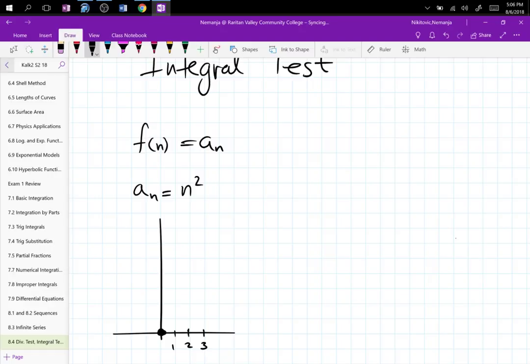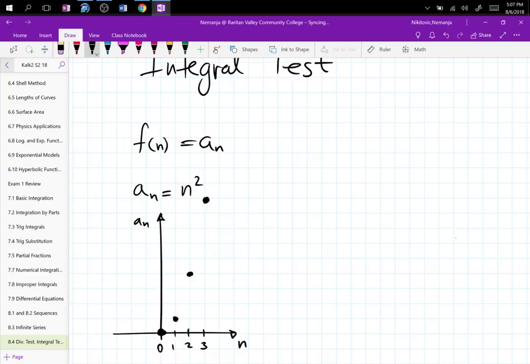I get to draw 0, 0 dot, 1, 1 dot, 2, 4 dot, and this dot. So you see the 4 dots, right? And this would be your axis n, this would be your a_n, as the answer. So this is the world of discrete.